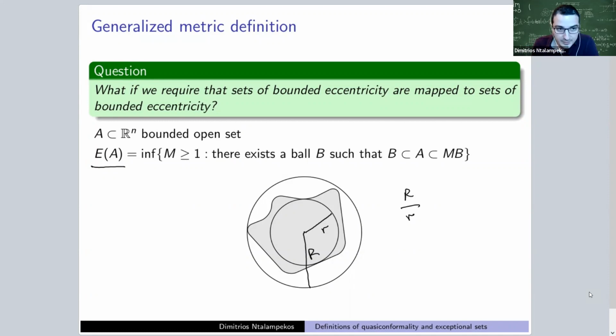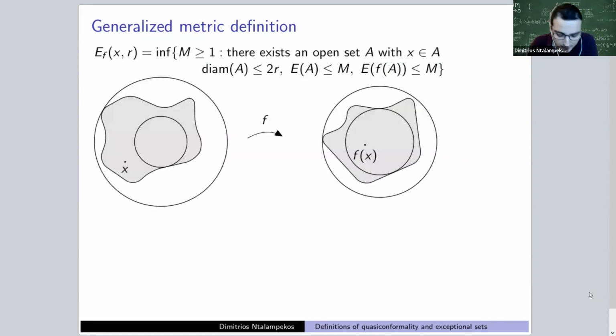Now, if we're given a homeomorphism, then we can define the so-called eccentric distortion at the point x at scale r. So how is this defined? Well, we take open sets A that contain the point x and have diameter less than 2r. And then we compute the eccentricity of such a set.